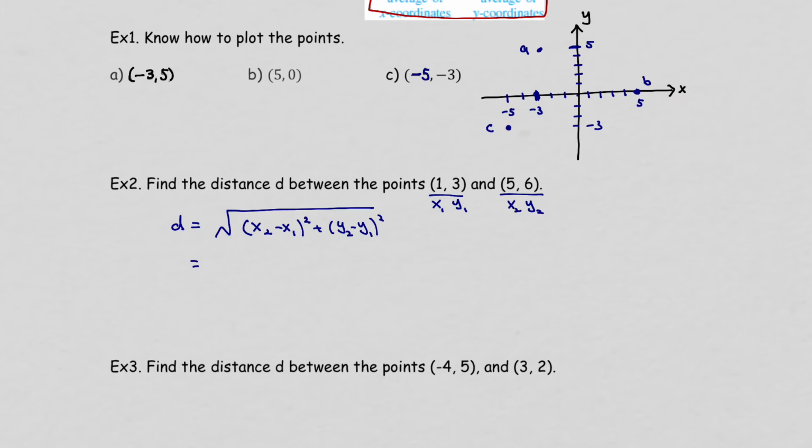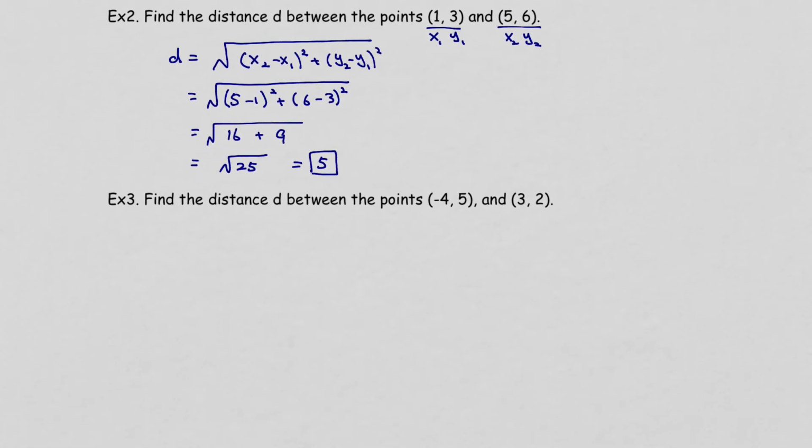So when we plug in the numbers into your formula, your x2 is 5, x1 is 1, plus y2 is 6, y1 is 3. Once you replace all the numbers, then simplify it. 5 minus 1 is 4 squared, so it will be 16. 6 minus 3 is 3 squared, will be 9. Add them up, will be 25. The square root of 25 is 5. So your distance between these 2 points is going to be 5.